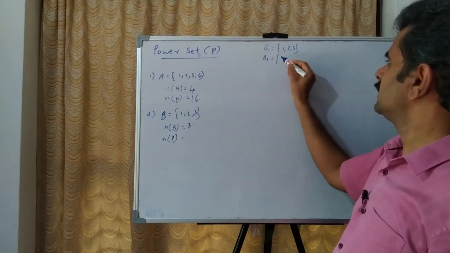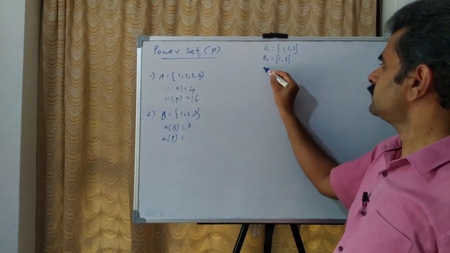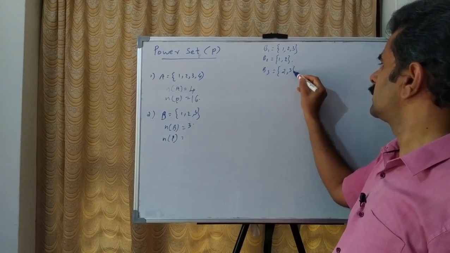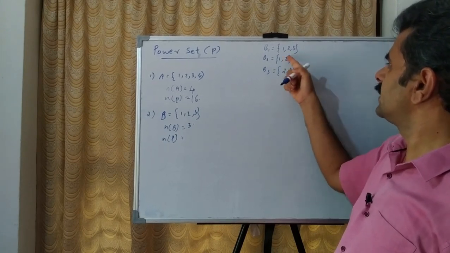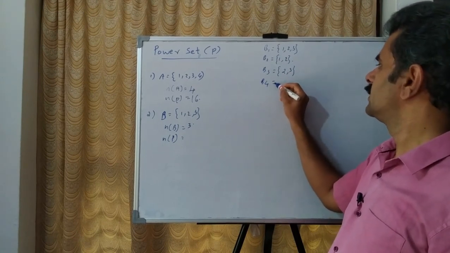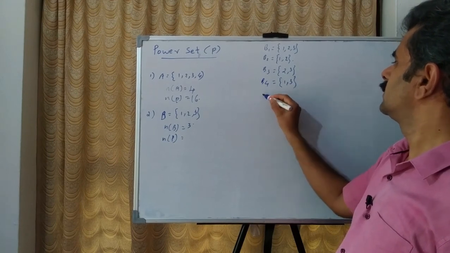Okay, {1, 2}. Then B3 is {2, 3}. So you can take {2, 3} here, {1, 2} here also. No problem. B4 is equal to {1, 3}.